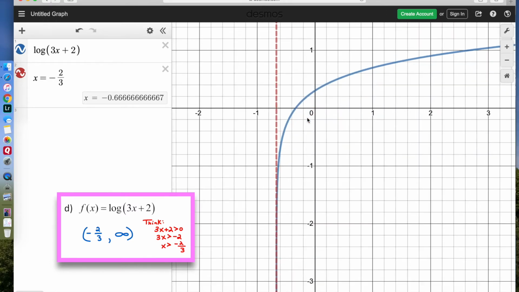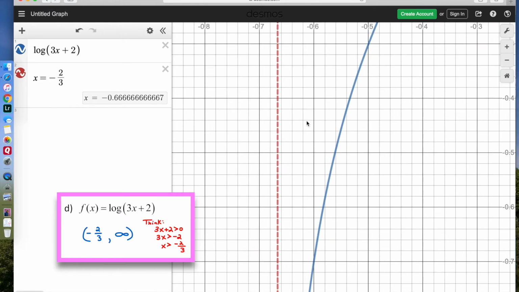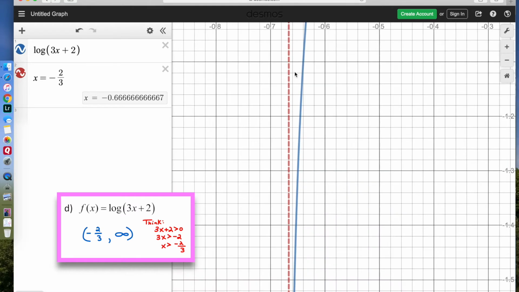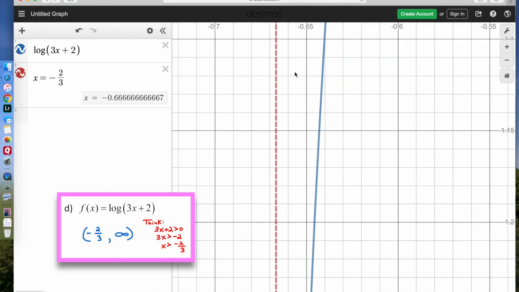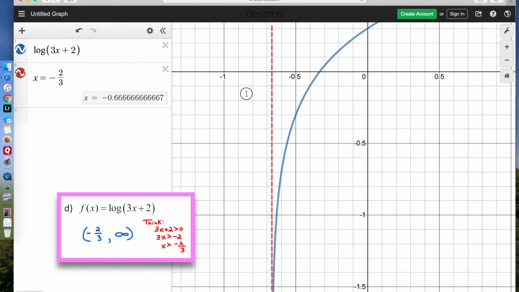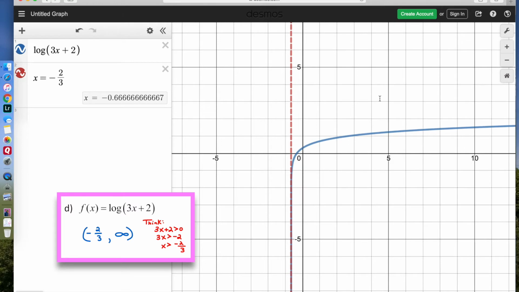And you would really have to zoom in here to a great magnification to really see that it doesn't actually ever touch the asymptote. And at some point, the lines are just too thick to tell that. So anyway, here's your graph for number 3D.